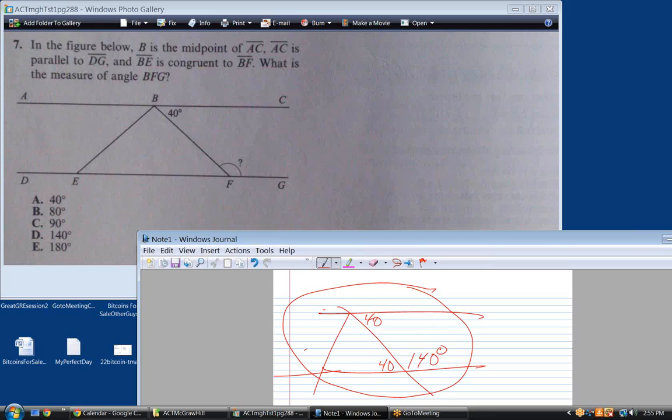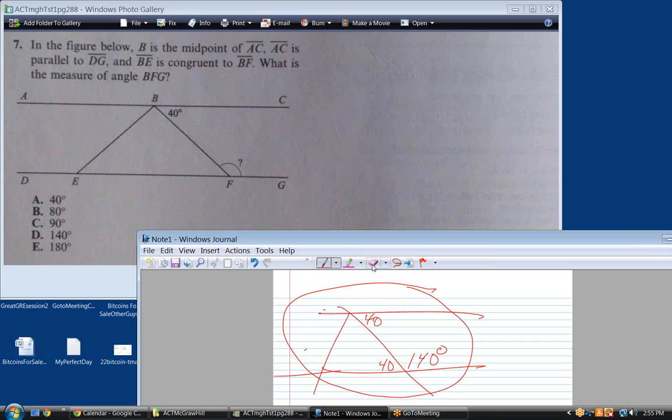So, the lesson to be learned here is that not all of the information they give you is pertinent. Sometimes it's completely irrelevant. Their goal is to trick you. Their goal isn't necessarily to have you see the question as what it is.